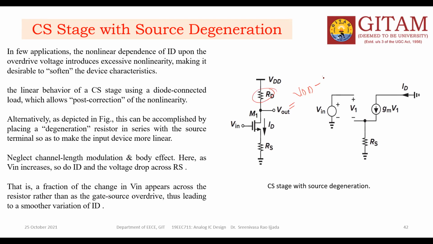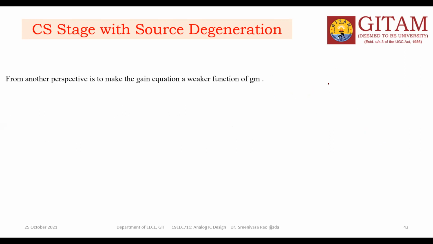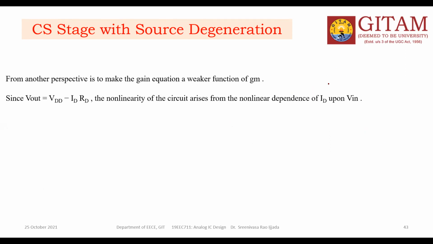What is this drop? ID times RD. That is the Vout expression. Take this equation: Vout is equal to VDD minus ID times RD.